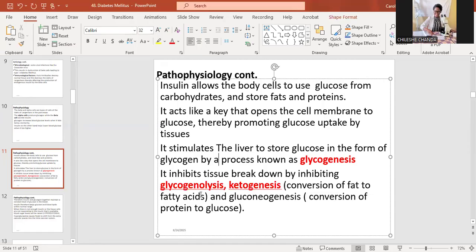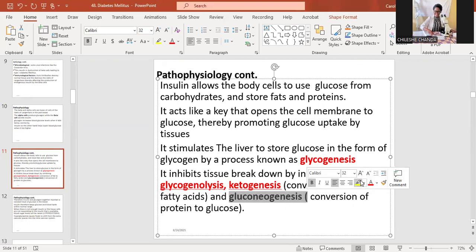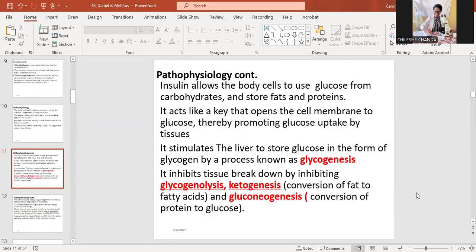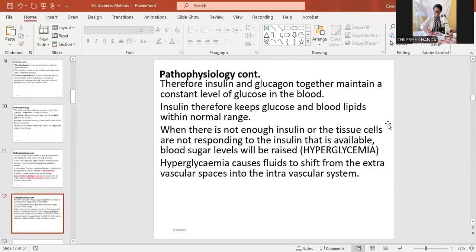And it inhibits gluconeogenesis, which is a conversion of protein to glucose, or rather the formation of glucose from non-glucose sources. All right, so it inhibits ketogenesis, it inhibits gluconeogenesis, it inhibits glycogenolysis.